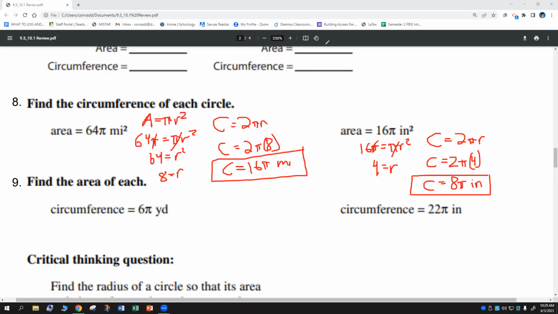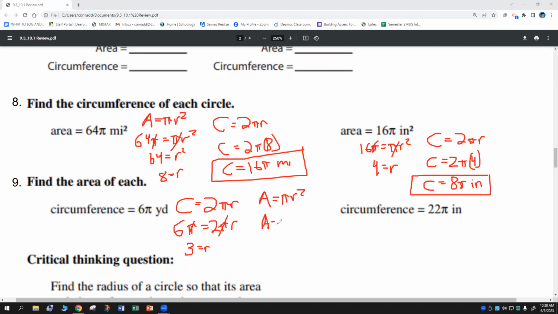All right, number 9, find the area. So these ones we are going to want to square. So again, they're going to give us the circumference. So C equals 2 pi r. So we get 6 pi equals 2 pi r. We can cancel out the pi's, and then 6 divided by 2 is going to give me a radius of 3. And then we can find the area by doing pi r squared.